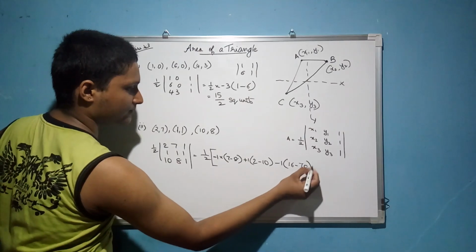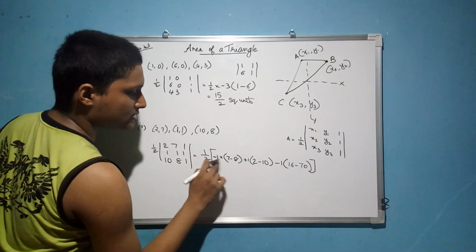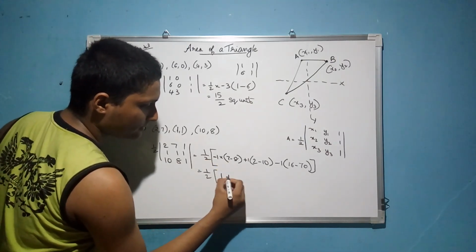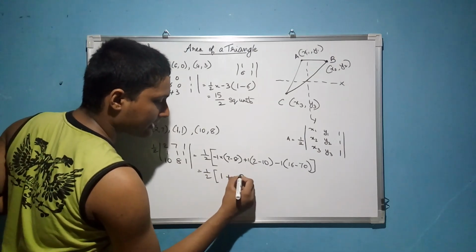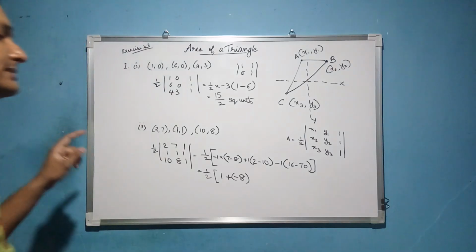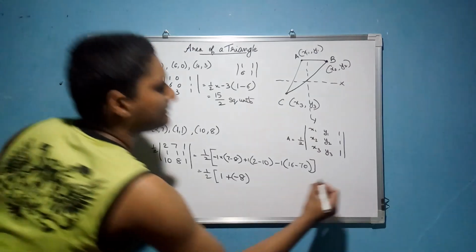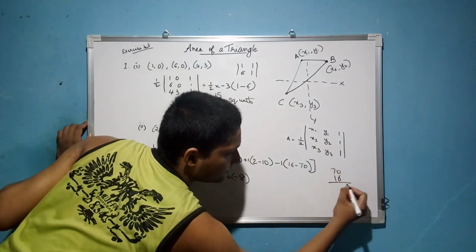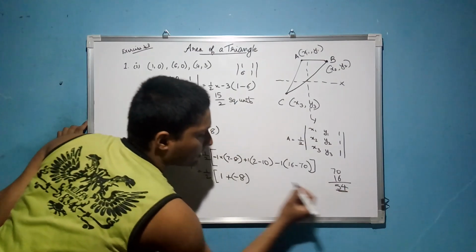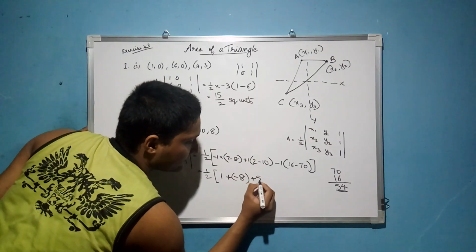Therefore it is half into minus 1 into 7 minus 8, which is minus 1, minus 1 is plus 1, plus 2 minus 10 is minus 8. Then minus 1 into 16 minus 70. It's going to be a bigger number. 70 minus 16 is 54, so it is minus 54 here, one more minus sign, so plus 54.